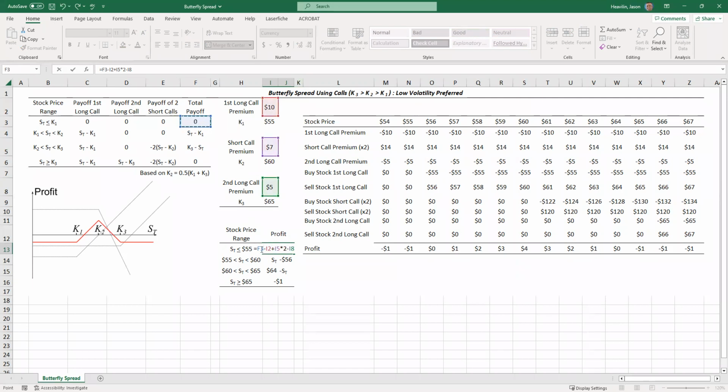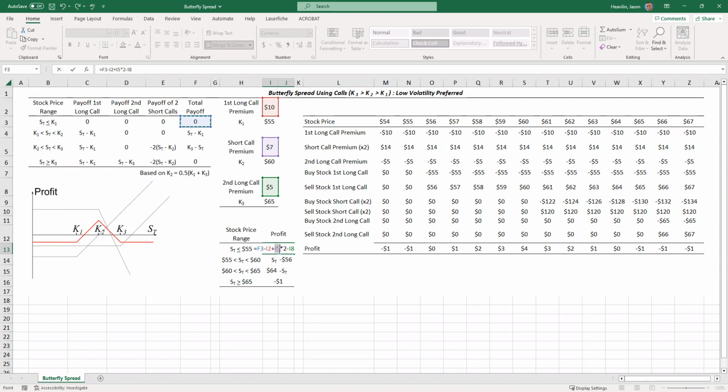Zero minus the $10 of the premium that went out because you purchased that call. You sold 2 calls. Remember, we said the strategy was 2. So we're going to take plus that premium money came in because you sold it, plus the $7. That's your I5.